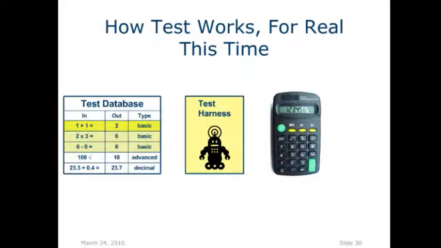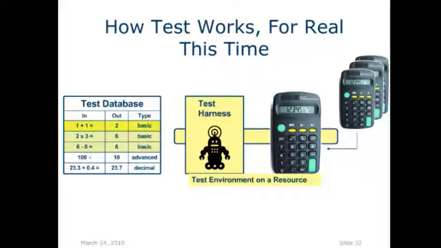In their mental model, this is the automation they had. But if we look at what was really happening, this test environment on a resource had to be set up, and therefore picking one of many instances or maybe zero instances of that product. Maybe I had to install that instance of that product myself before I could even get going, or had to kind of manually pick from an existing staged environment where I was going to run it.